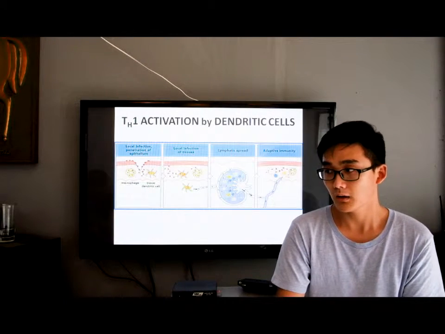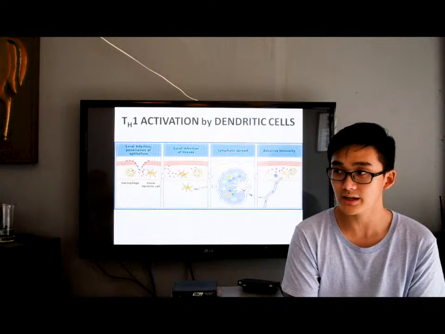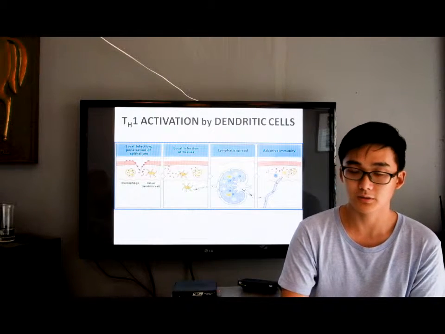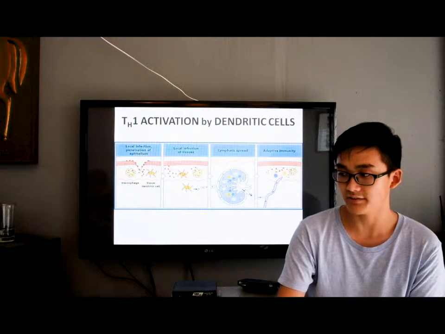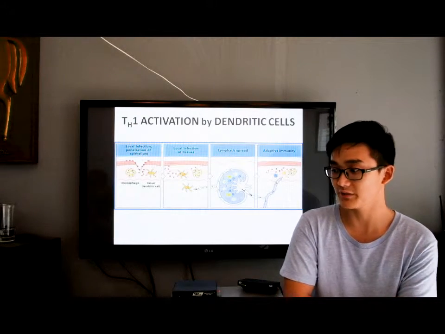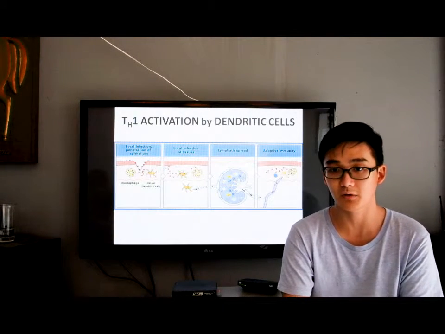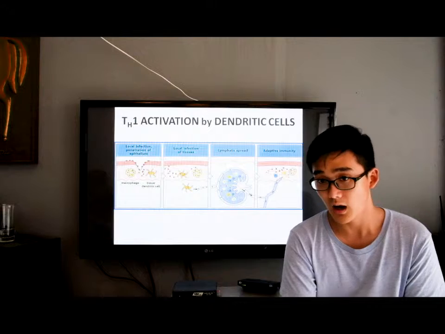So although all of the monocyte phagocytic cells can activate the T helper 1 T cell, I will give the example of the dendritic cell because this is the best cell for activating T cells.